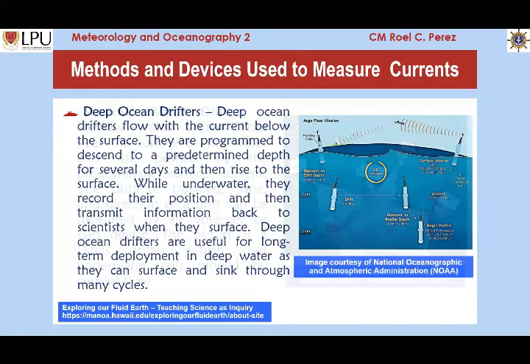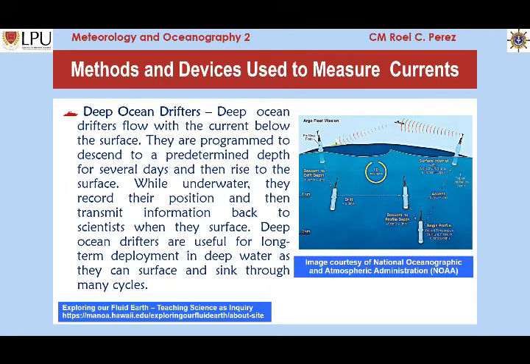Okay, next one is deep ocean drifters. Deep ocean drifters flow with the current below the surface. They are programmed to descend to a predetermined depth for several days and then rise to the surface. While underwater, they record their position and then transmit information back to scientists when they surface.